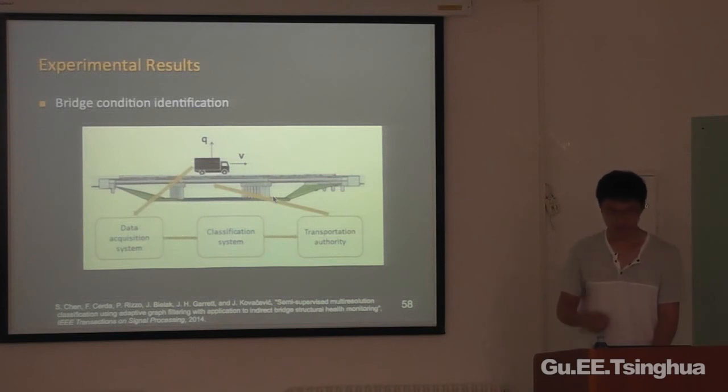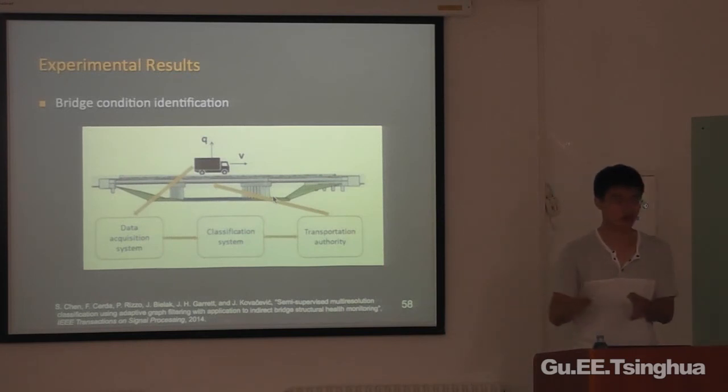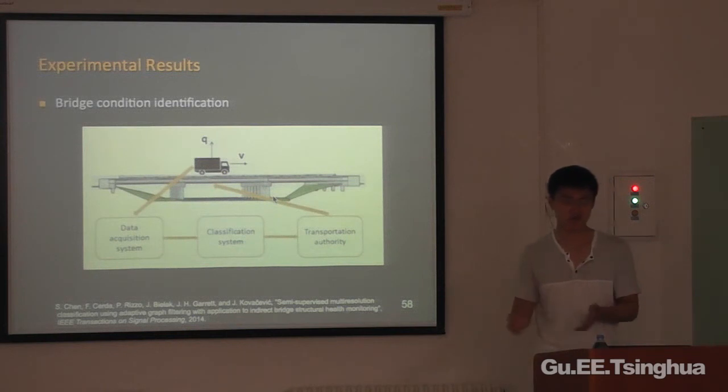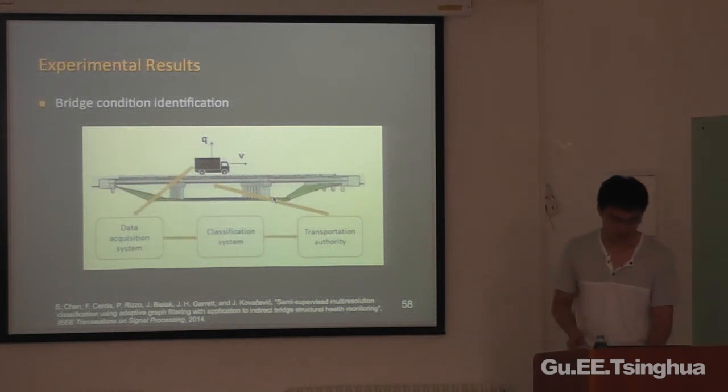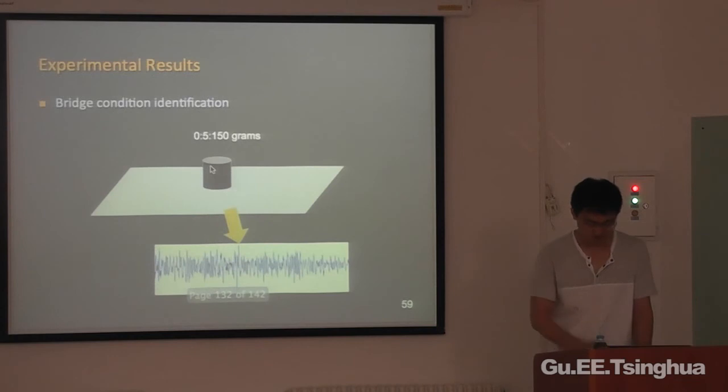We want to prevent that, so we put some sensors on the bridge and analyze the signal to predict if the bridge has cracks at some part, and then we send a team to fix them. Here the idea is we don't put sensors on the bridge, we put sensors on the vehicle, analyze the signal from the vehicle, and report the error.